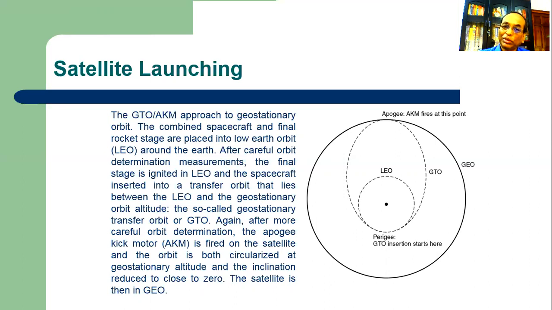So the satellite was initially in the LEO orbit, and when the final stage is ignited, it transfers its position from the LEO to the GEO through the geostationary transfer orbit, the GTO orbit.